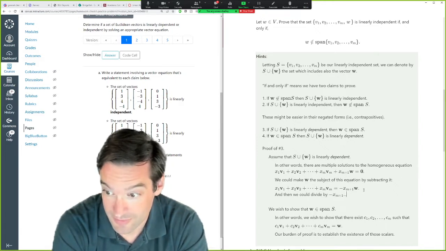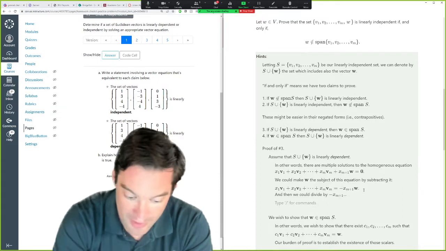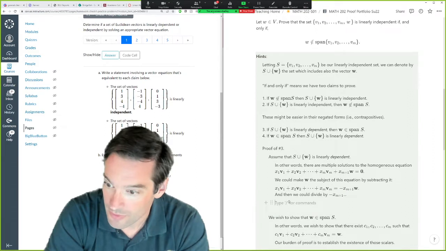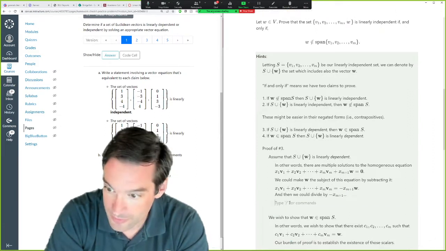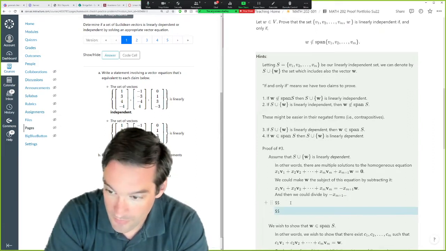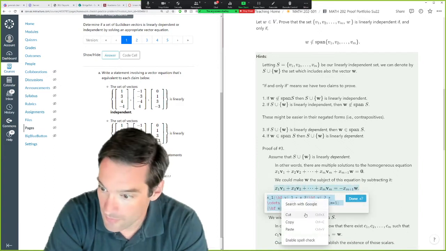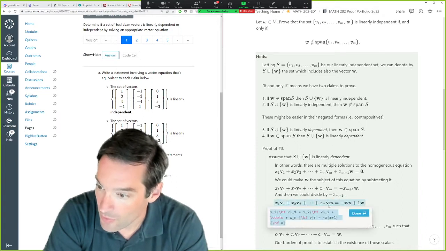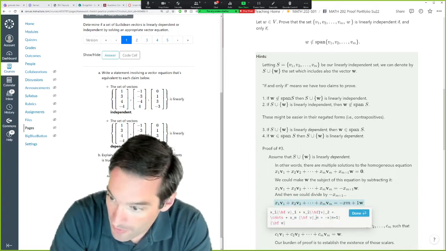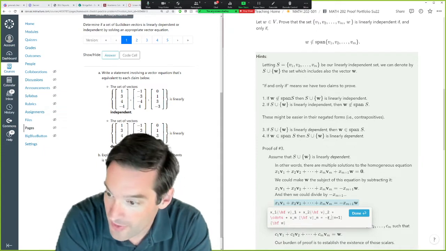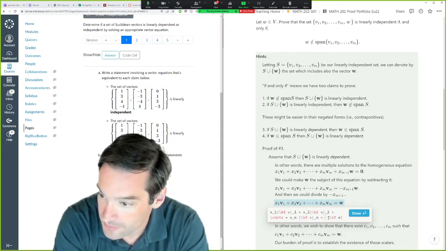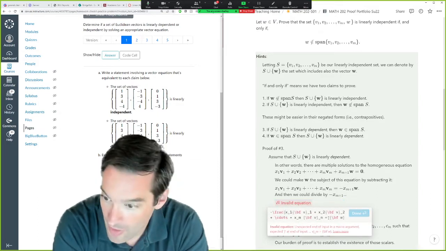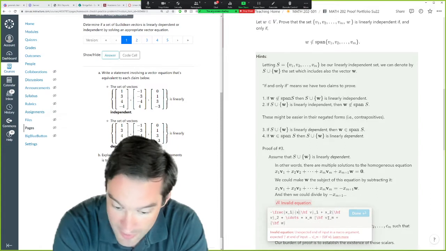Yes. So if I divide by the minus x sub m plus 1, then that minus x sub m plus 1 is going to become a part of all of my coefficients.